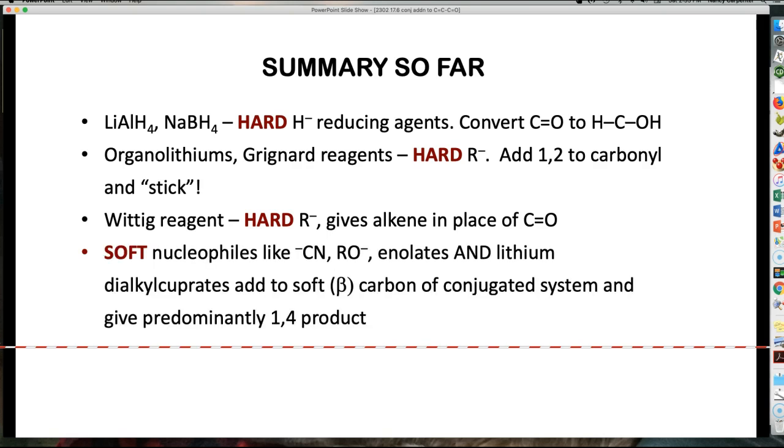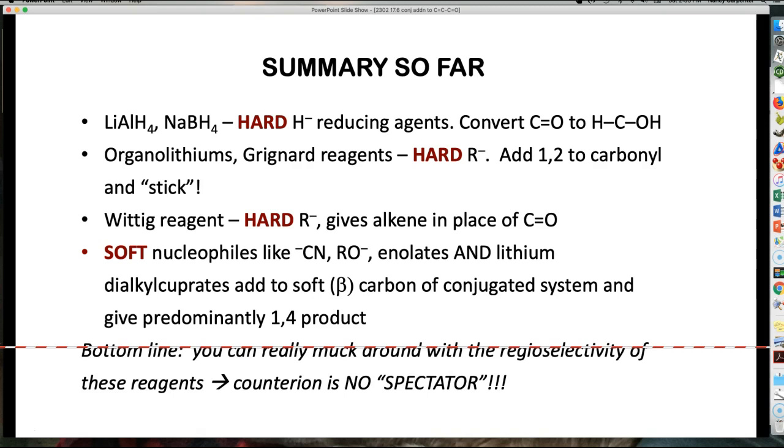And then there's a bunch of soft nucleophiles. So it turns out nitrile is a soft nucleophile, only because of the electronegative nitrogen being so nearby. Alkoxides, enolates, and now cuprates add to the soft carbon, the beta carbon of a conjugated system, and give predominantly the 1,4 product.